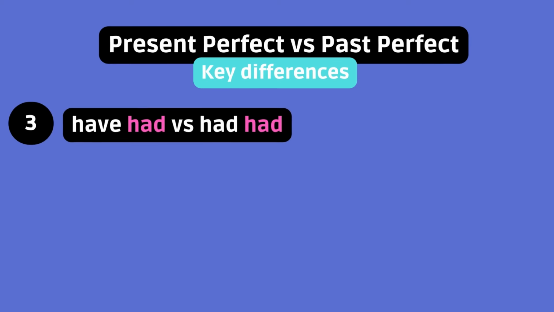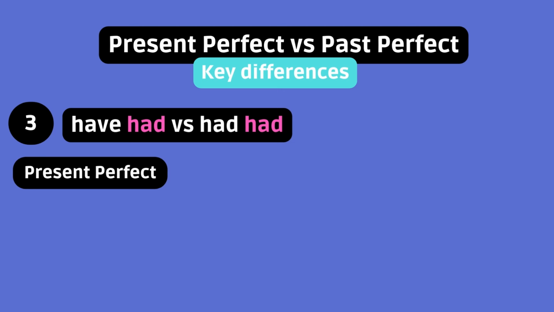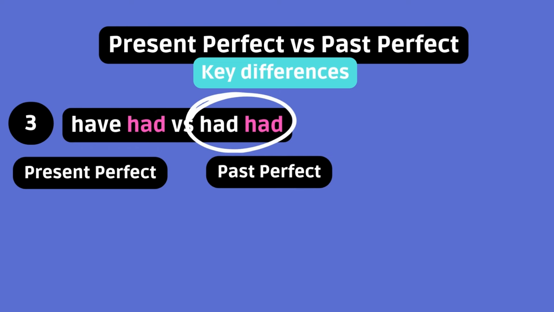3. Have had versus had had. These forms might look odd or even incorrect, but they are proper present perfect of have, have had, and past perfect of have, had had. Yes, in these cases, have is the auxiliary of itself.